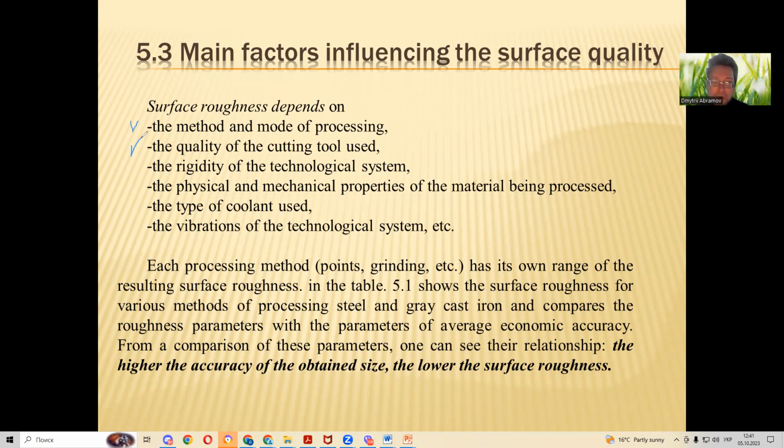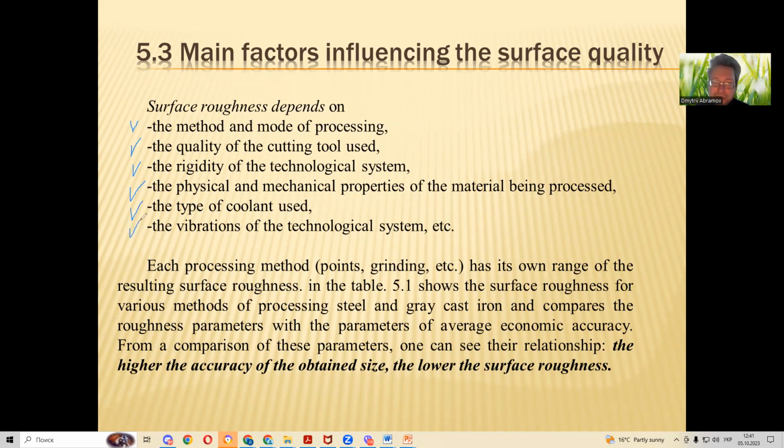The rigidity of the technological system. The physical and mechanical properties of the material being processed. The type of coolant used.